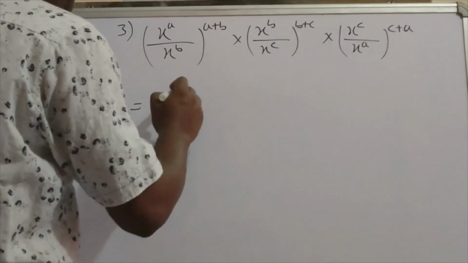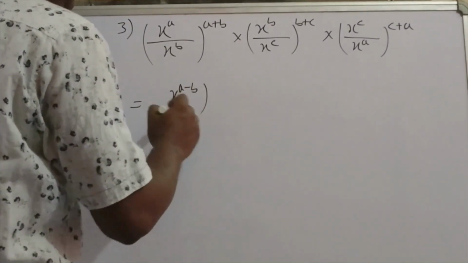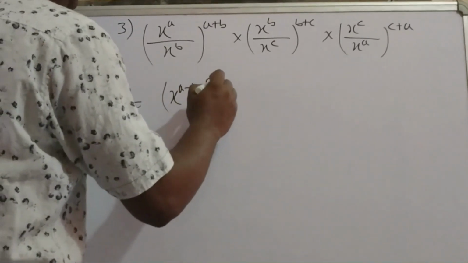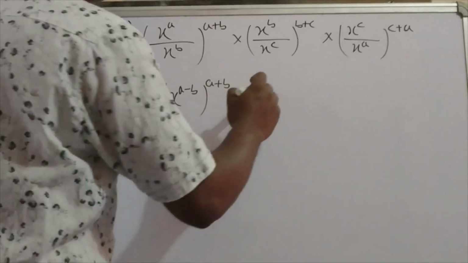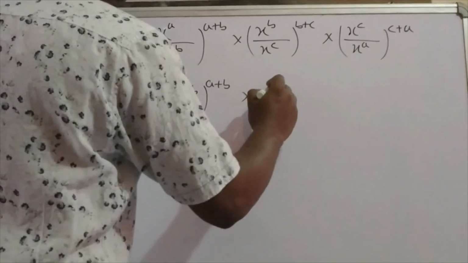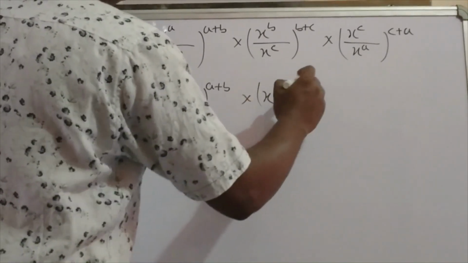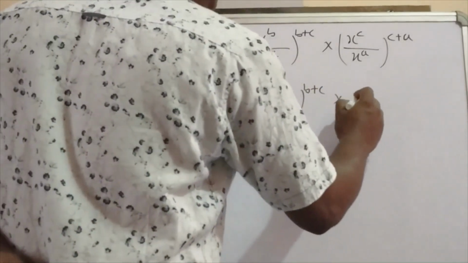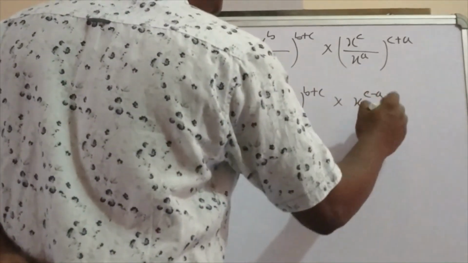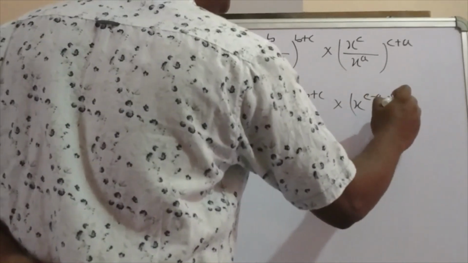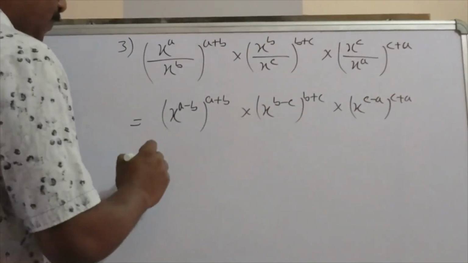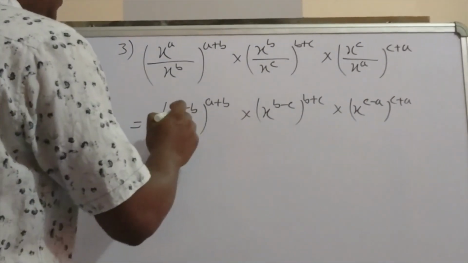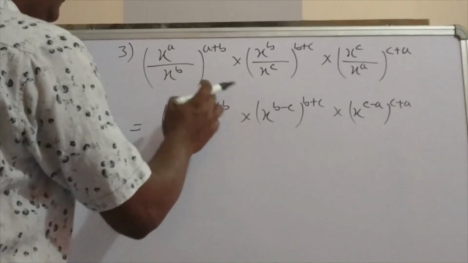So x to the power a minus b, to the power a plus b, into x to the power b minus c, to the power b plus c, into x to the power c minus a, to the power c plus a.